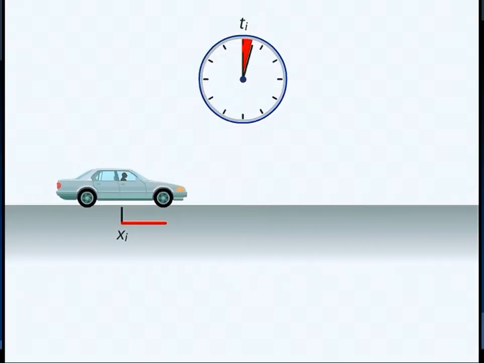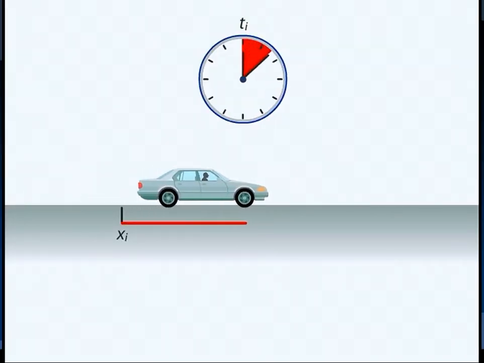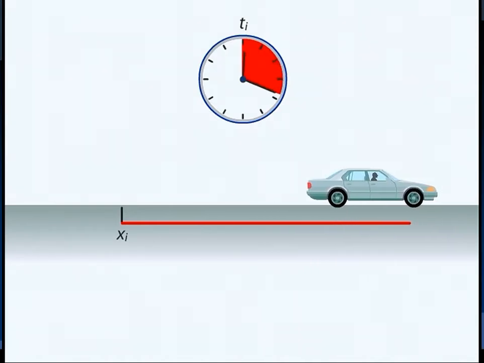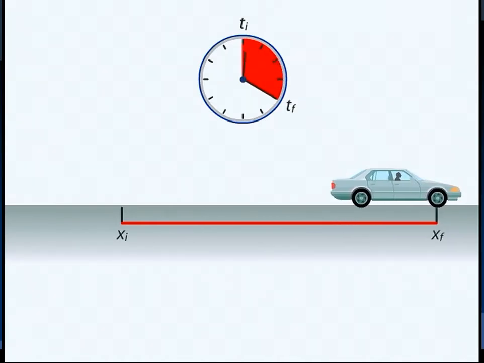Suppose a car moves from point x sub i at time t sub i to point x sub f at time t sub f in the amount of time shown by the clock. The average velocity of the car is the displacement divided by the change in time.